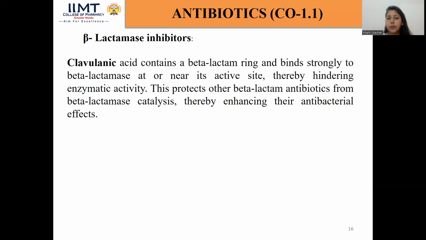Here is one example of an inhibitor, which is clavulanic acid. We all know clavulanic acid is prescribed by doctors in combination with amoxicillin. It binds strongly to the beta-lactamase enzyme at or near its active site, thereby hindering its enzymatic activity. This protects other beta-lactam antibiotics from beta-lactamase catalysis, thereby enhancing their antibacterial effects.